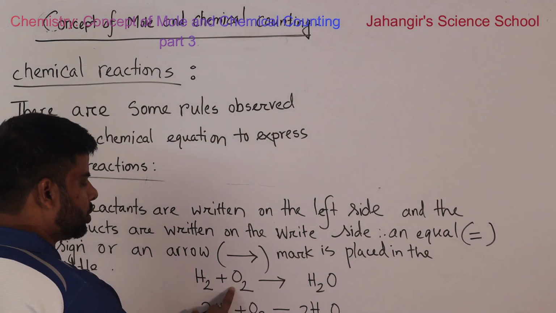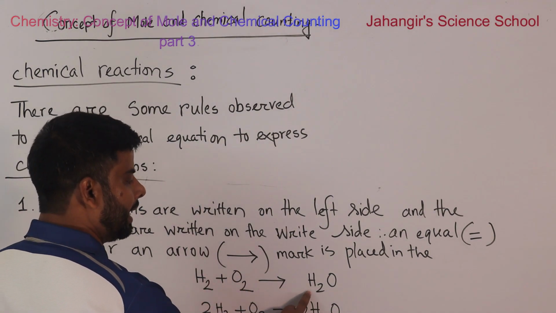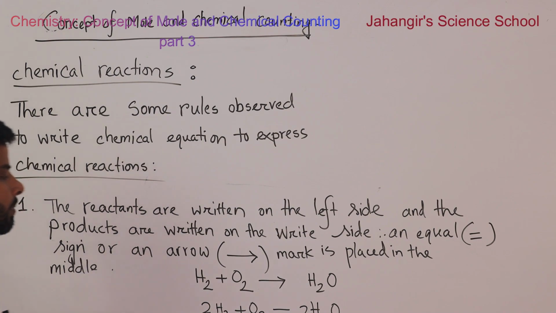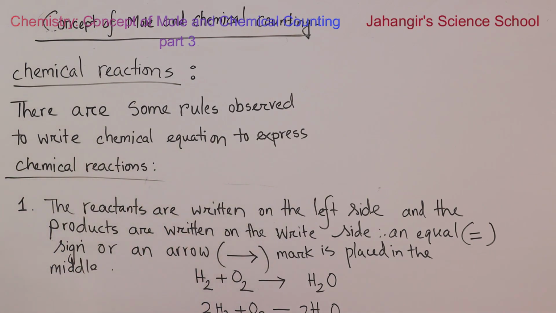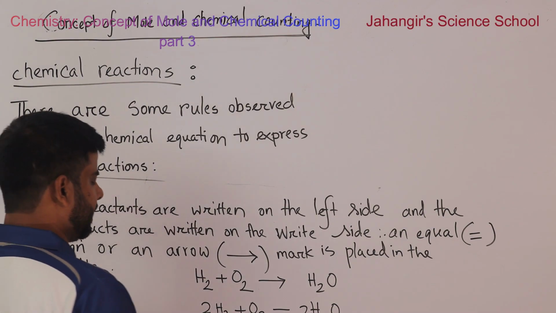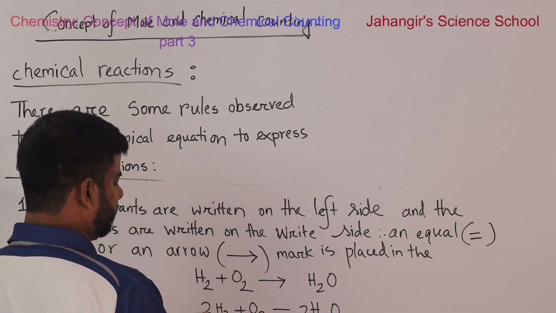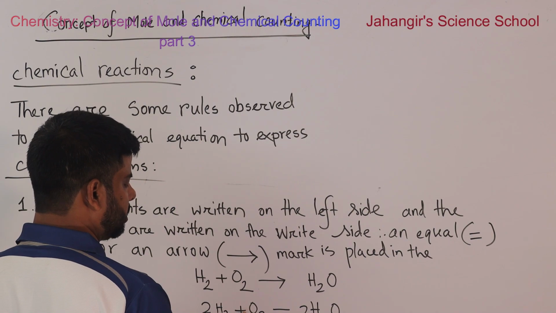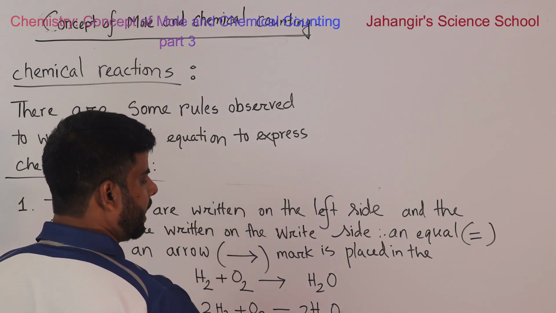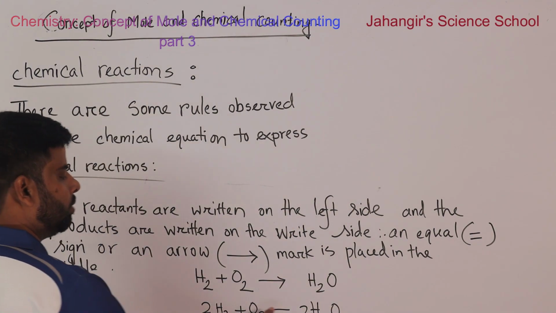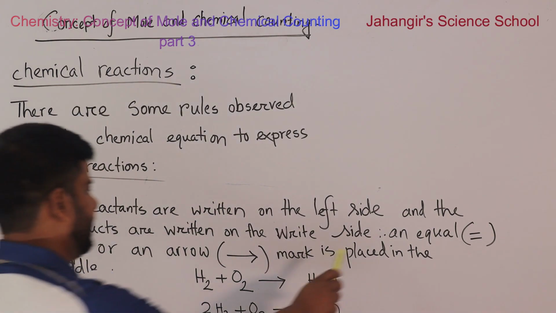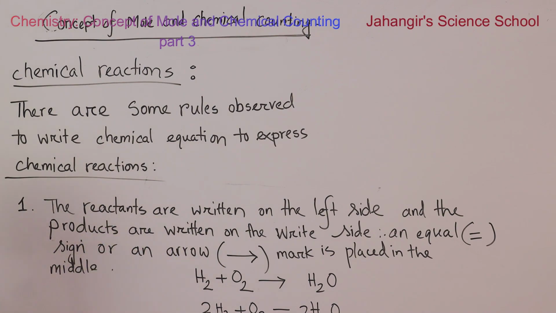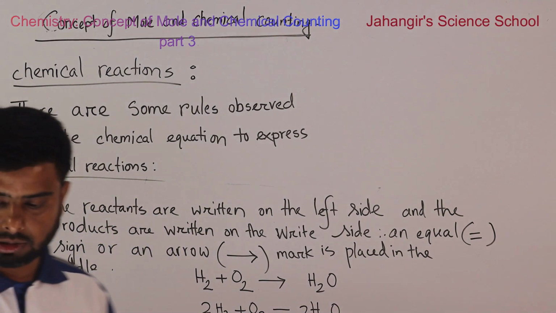Here hydrogen and oxygen are reactants and H2O is the product. After balancing the chemical reaction, we can write 2H2 plus O2 equal to 2H2O. So then we can use the equal sign.